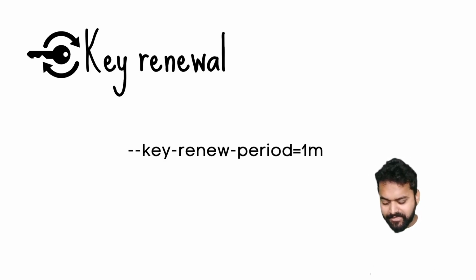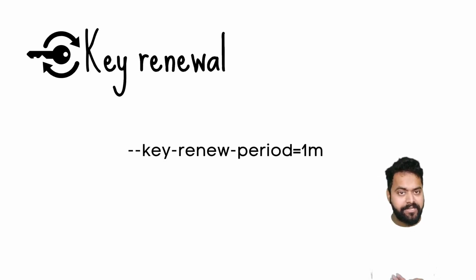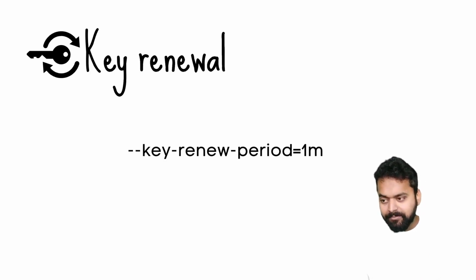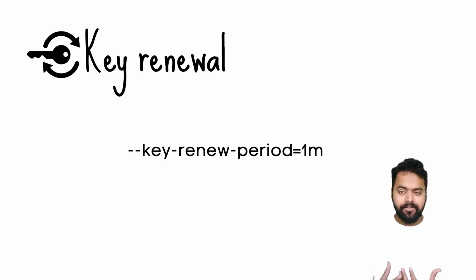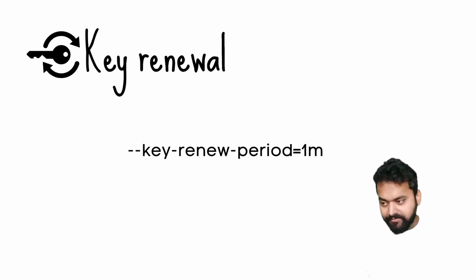Whereas you can mention a time here, like 1 minute, 5 hours, 30 days or something. If you don't mention it, 30 days is the default, after which it will generate a new key pair. But for demo purposes, I will put it as 1 minute, and let's see what it is doing.